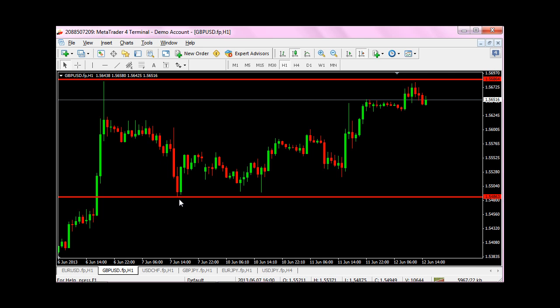The market is going down, it gets to a point and refuses to break further below, so it becomes a support. It gets to this point, refuses to break further below, goes up a little bit, comes down, and refuses to break further below. So this level I can say is a support level, or level of support. This one too is a resistance level. So just get it straight.